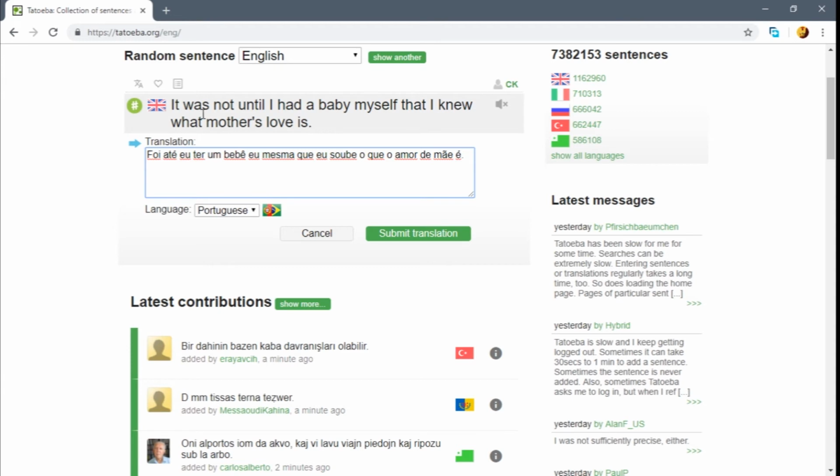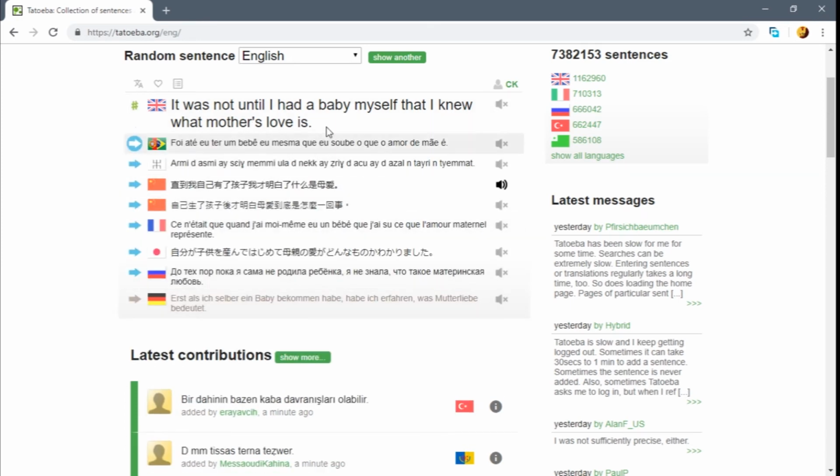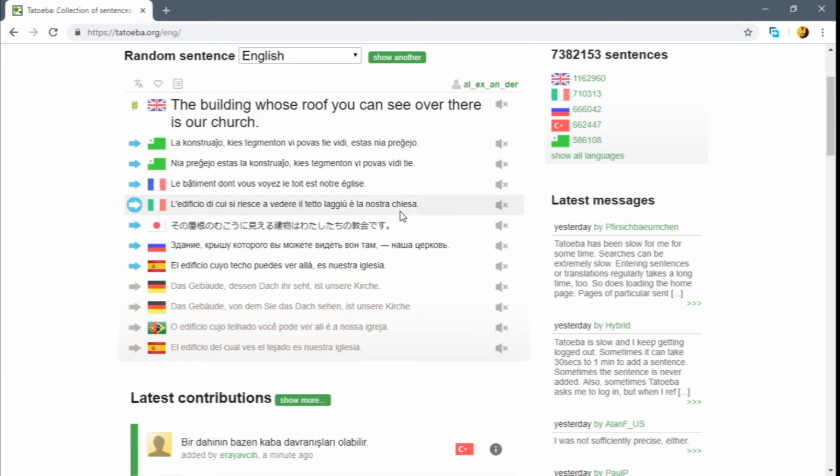Foi até ter um bebê, eu mesma que eu soube o que é. It wasn't until I had my baby myself that I knew what mother's love is. I think this translation is good. If you guys speak Portuguese, if any of my subscribers are Brazilians, you guys can comment down below if this translation is good. Let's see.